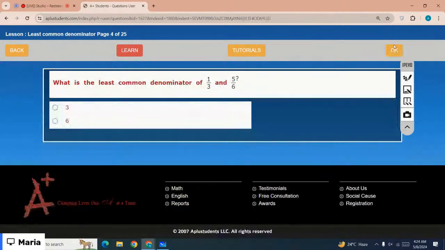Which is the correct option? Yes, 6 it is. The correct option is 6.